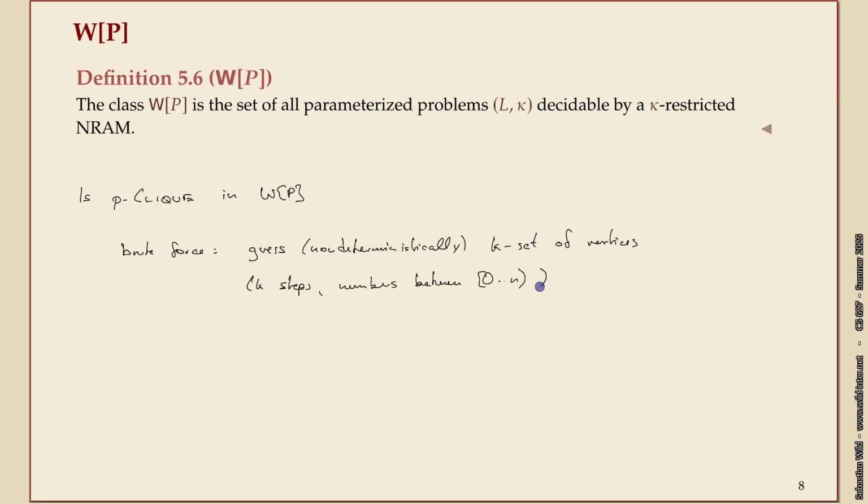So we're using the non-deterministic step to tell us which vertices to pick, and then we're just verifying that it's a clique. Might want a name for this set.